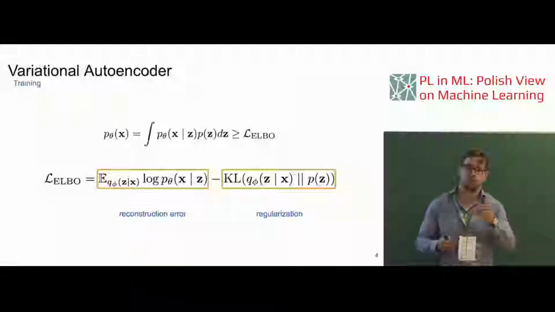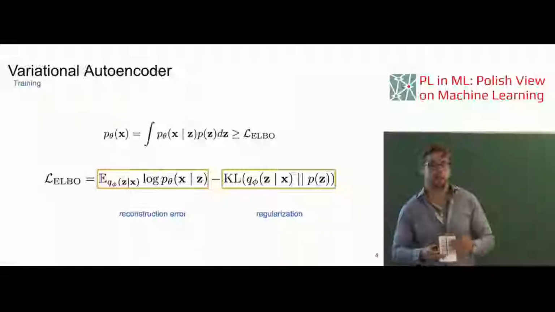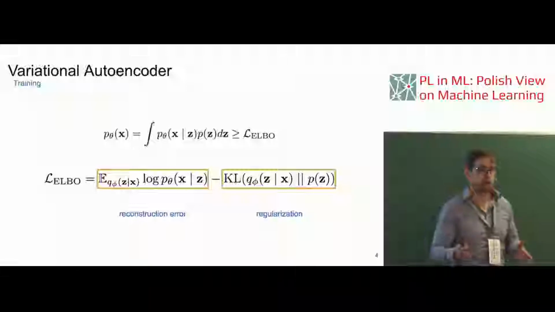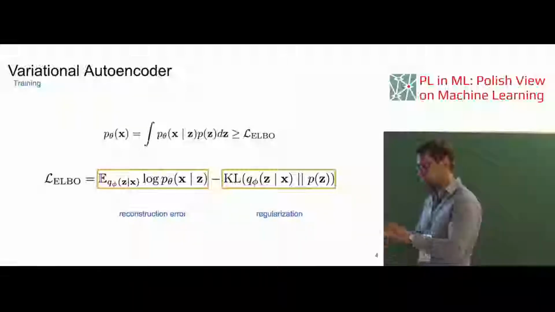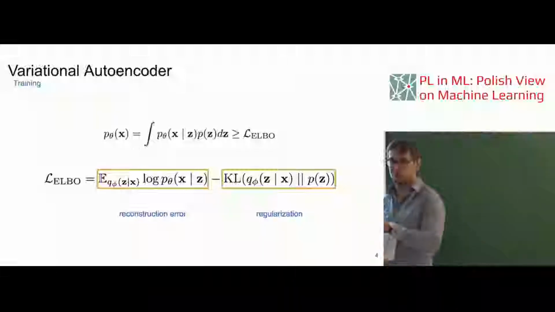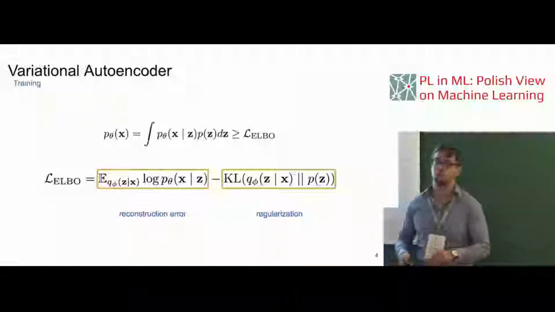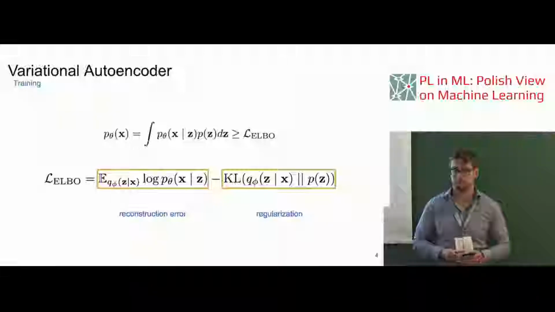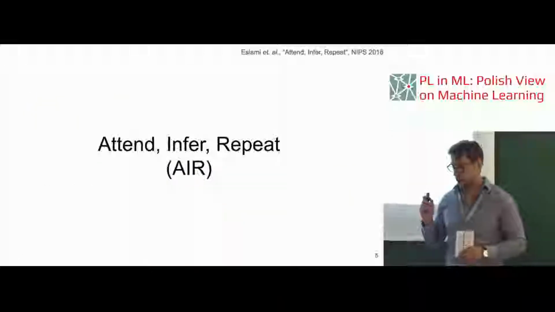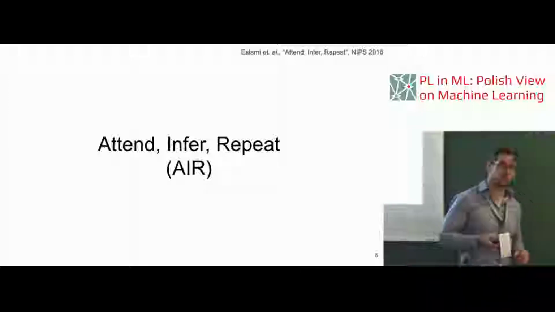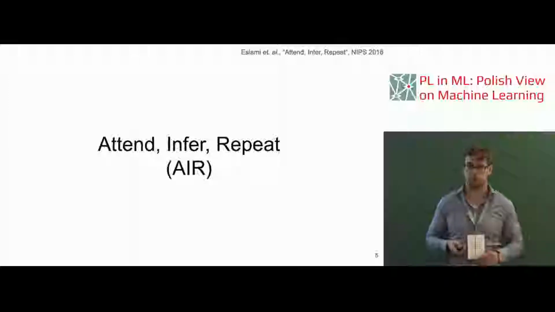That means that in the absence of data, we can just sample latent variables from the prior and generate new data. For now, it's pretty inconsequential, but I will show you some examples later where it is actually useful. So this was just a very quick recap on a variational autoencoder.